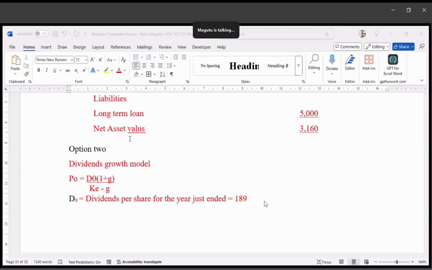Could we be having the growth rate somewhere? Do you see any growth rate anywhere? Risk-free rate is 6. Market premium is 4. I remember there's somewhere we are told that something will grow. Under the additional note, I cannot see one.